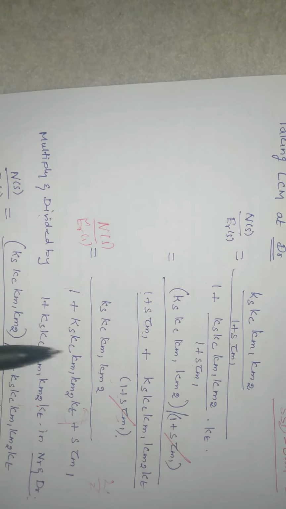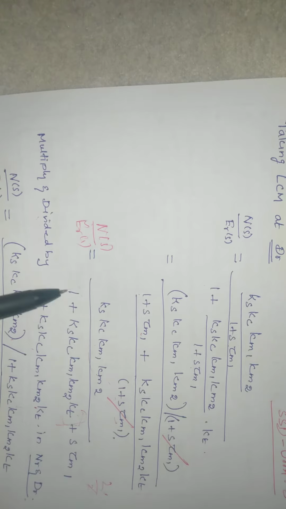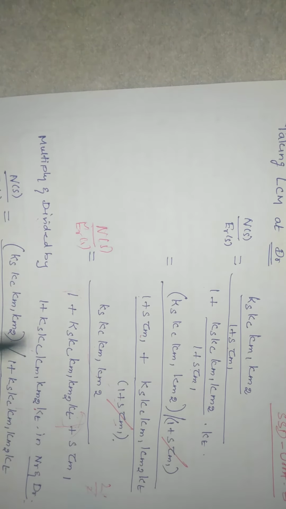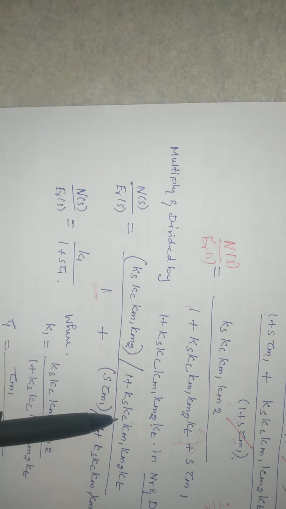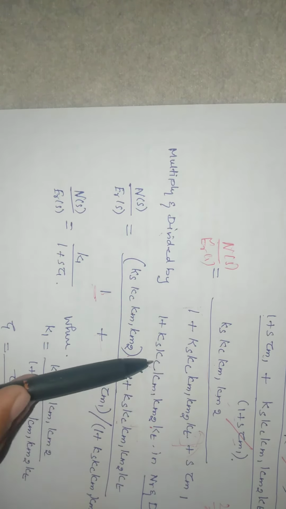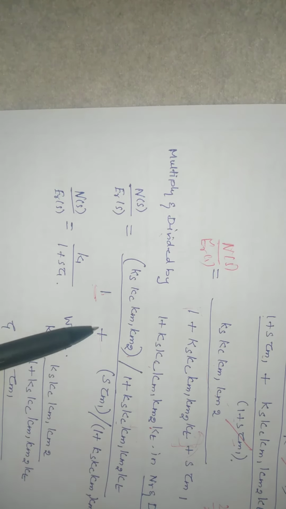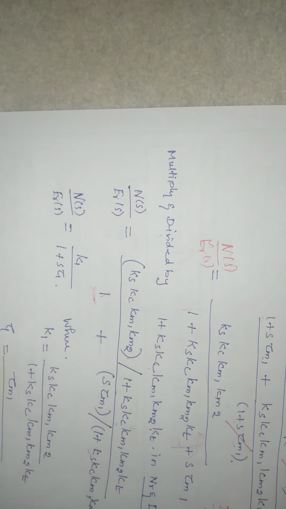In the numerator this term is divided by this term, and in the denominator this entire term will be 1, because this term is divided by this term. So the denominator is 1 plus the remaining term, S into tau m1, divided by 1 plus Ks, Kc, Km1, Km2 and Kt.